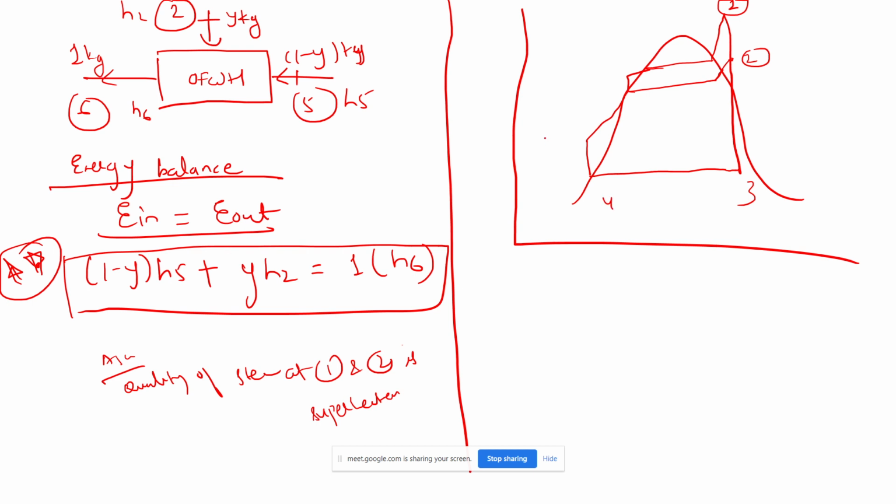So 3, 4, 5, 6, 7. Okay, so what will happen? Here it is 1 kg. Here we are extracting y kg, remaining 1 minus y kg. Here also 1 minus y kg. Here also 1 minus y kg. So y plus 1 minus y, so here it will become 1 kg.